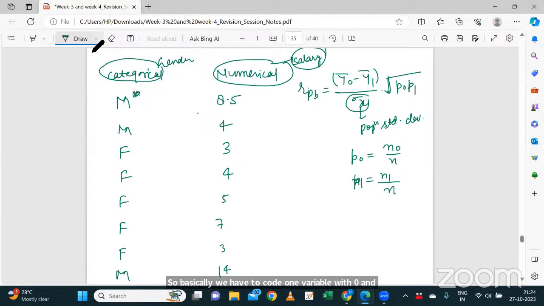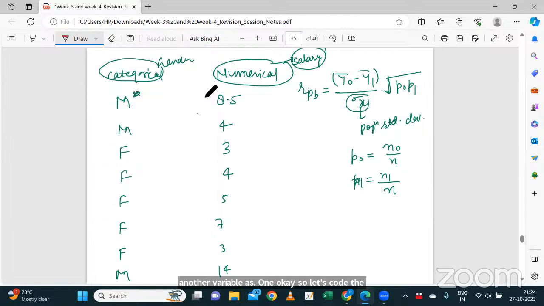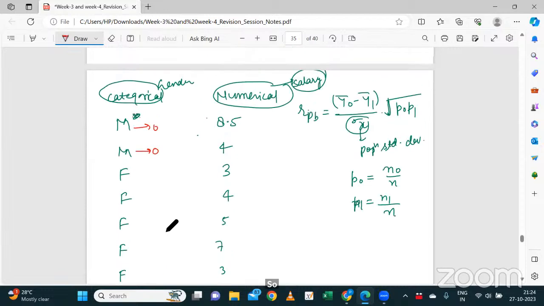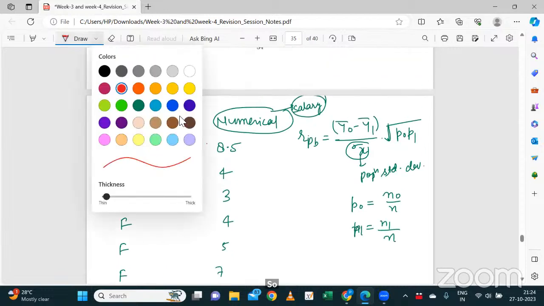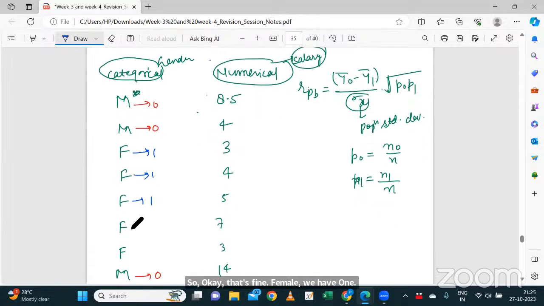Let's code female as 1 and male as 0. So male will be 0, and female we code as 1.